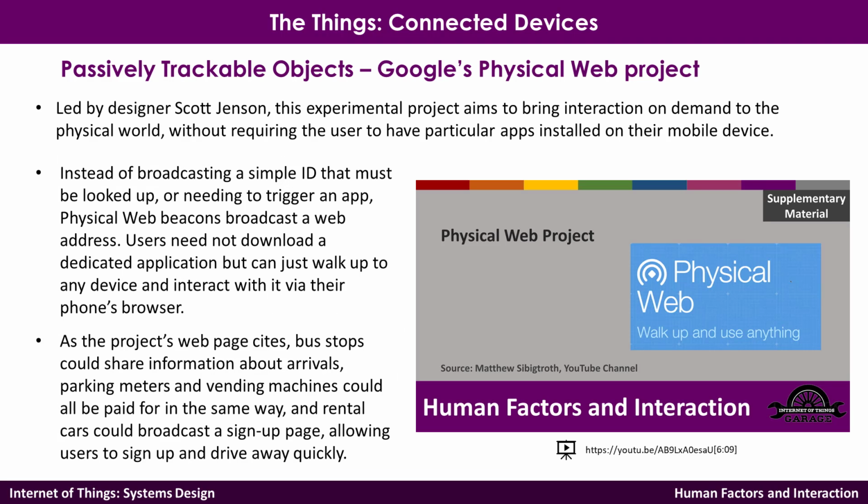In this slide, I want to bring a particular project to your attention, developed by Google, called the Physical Web Project. The idea is to develop technology that combines the physical and digital worlds together, allowing people to interact with the two worlds seamlessly.